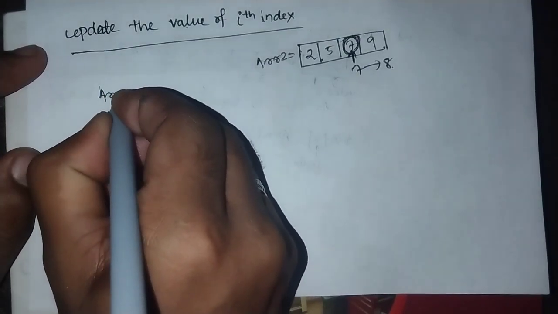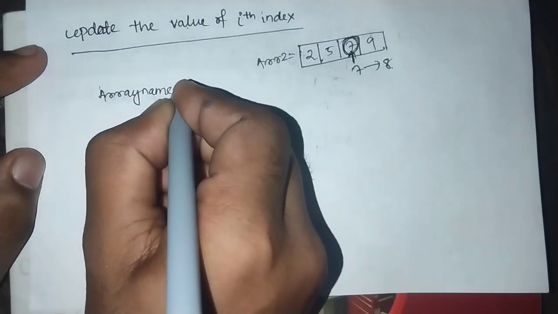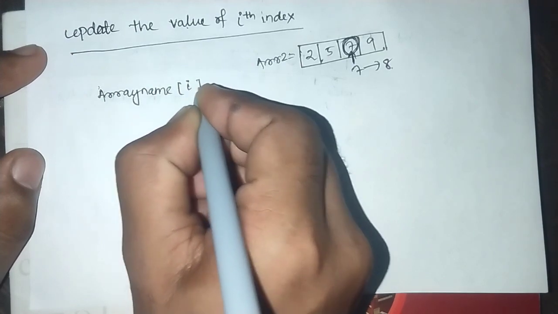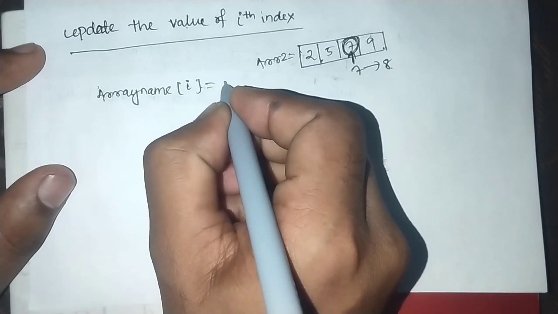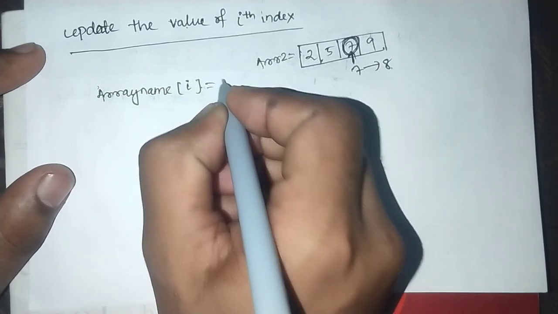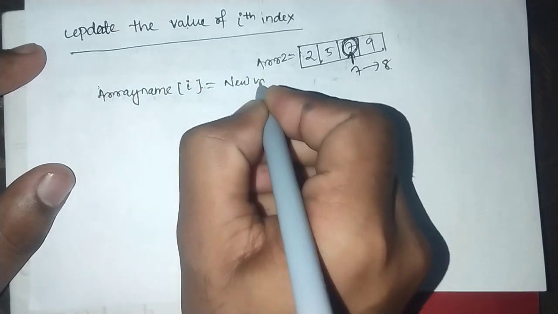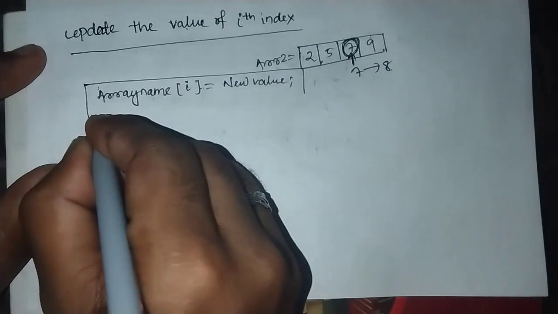First write the array name. In the indexing position write the index which you want to update, and assign it the new value which we want to give. Then a semicolon, this is the syntax.